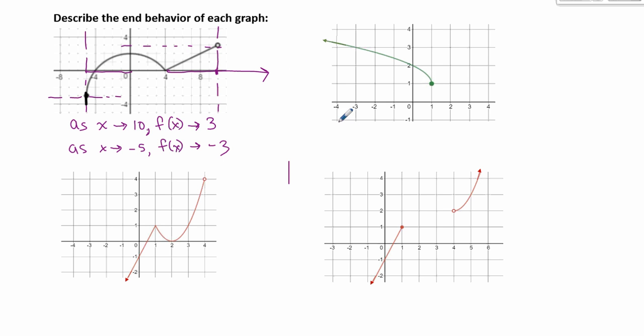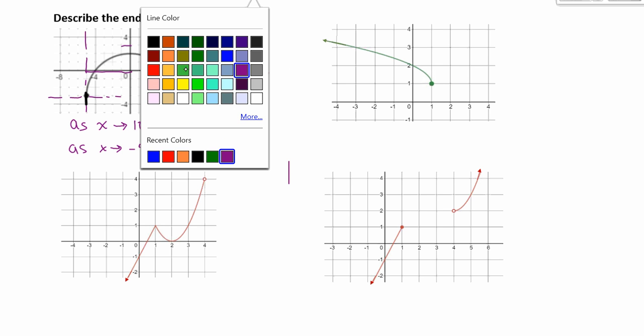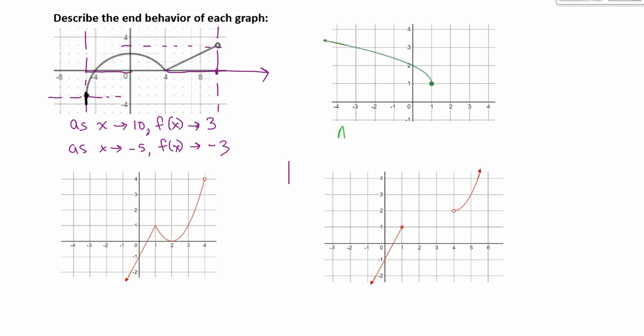Okay, let's look at this one. We're going to have two statements. One is going to say as x goes to the left, -infinity, comma, f of x goes to, and then we would have a statement as x goes to the right, which is +infinity, f of x goes to, and then we'll give it an up or a down.